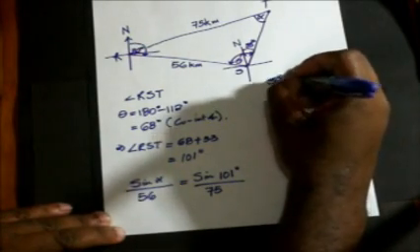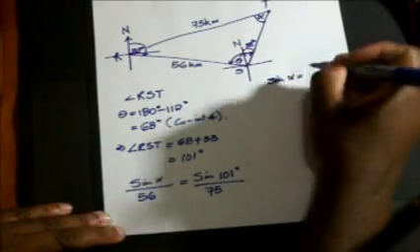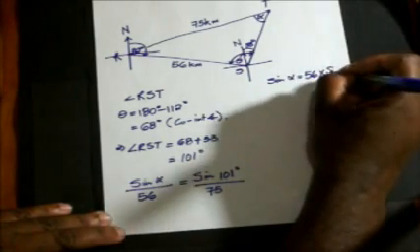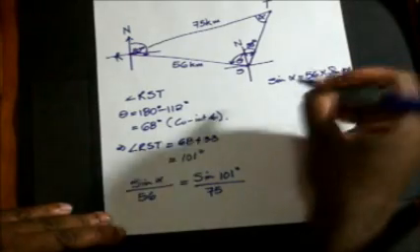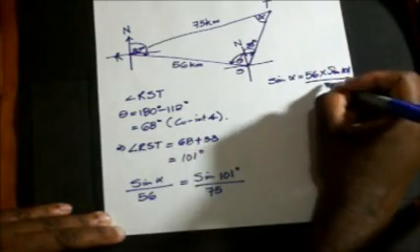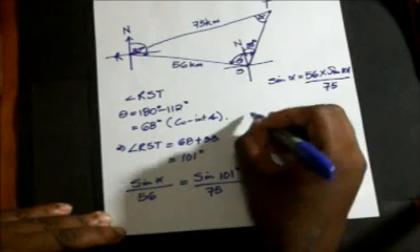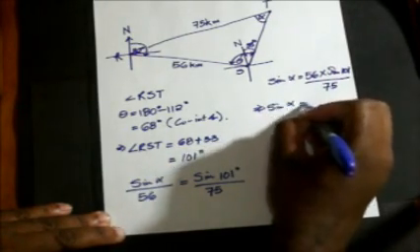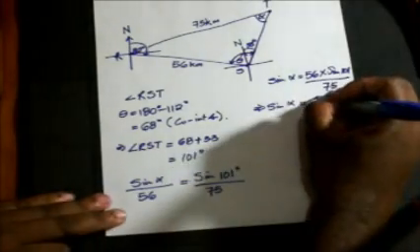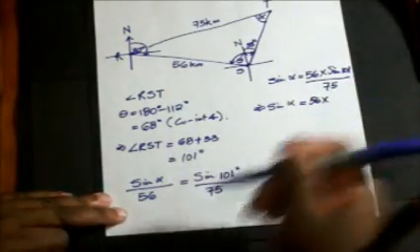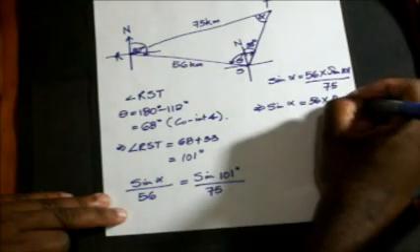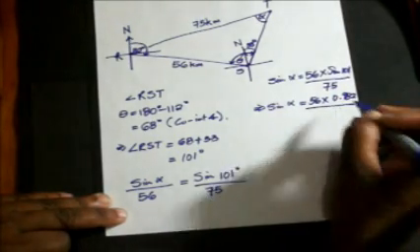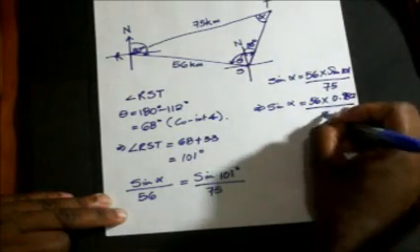The sine of alpha is therefore equal to 56 times sine 101 all over 75. Therefore, the sine of alpha is equal to 56 times 0.982 all over 75.